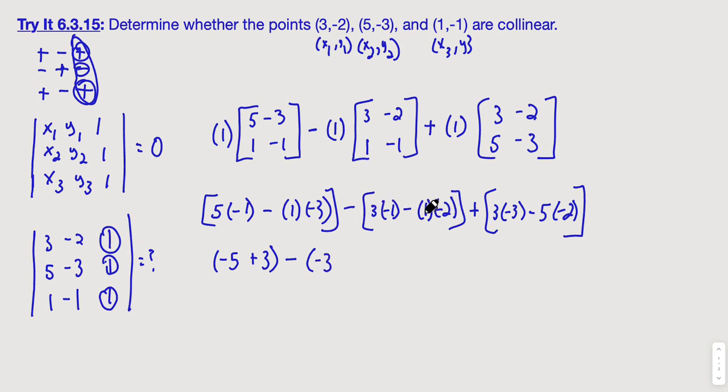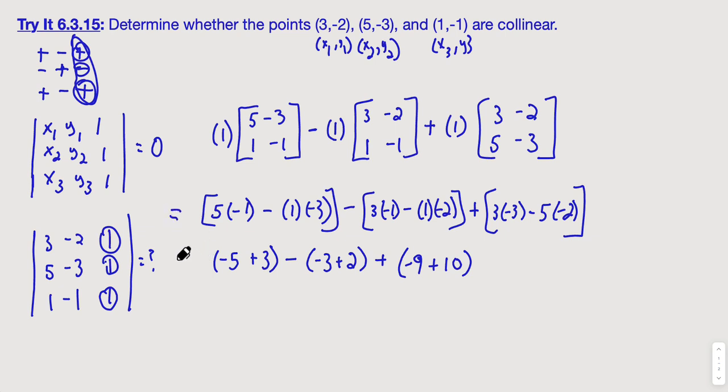And then negative 2 times 1 is negative 2, but it's minus negative 2, so that's plus 2. And then plus 3 times negative 3 is negative 9. 5 times negative 2 is negative 10, but it's minus negative 10, so it's plus 10.